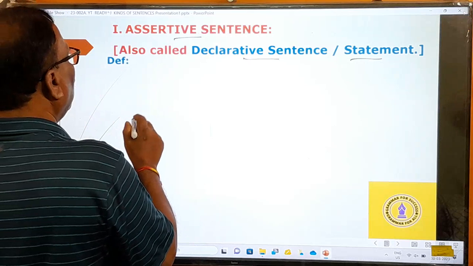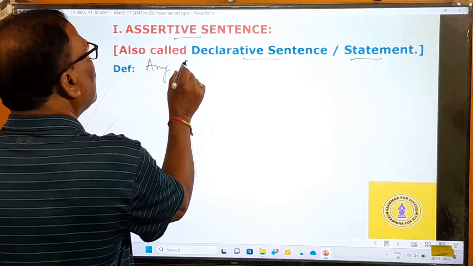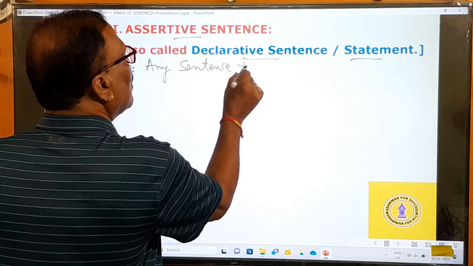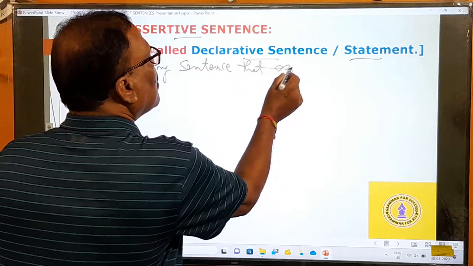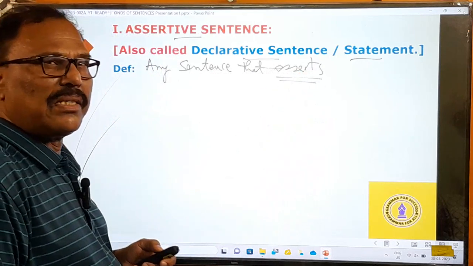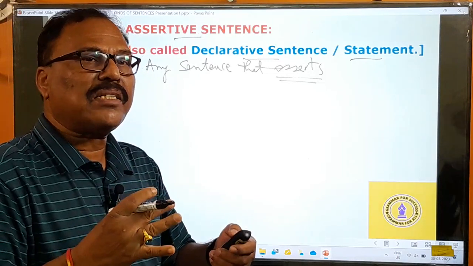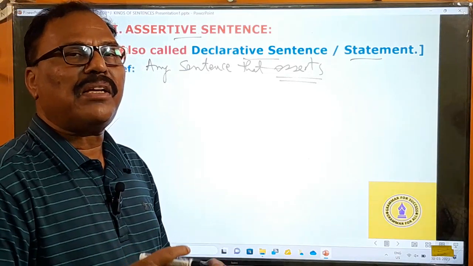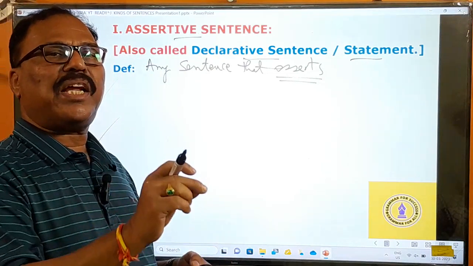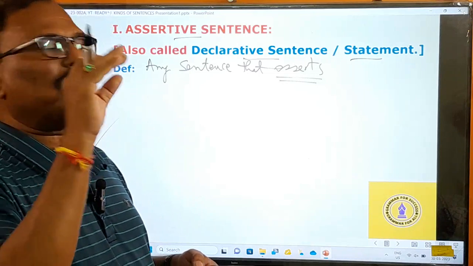So then assertive sentence means what? Now I'll give you the definition. What is that? Any sentence, okay, any sentence that asserts. Asserts means what? To state firmly that something is true. Assert means to state something, to state firmly something is true.